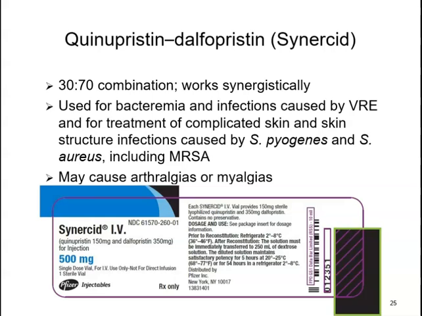So this one, one of our newer antibiotics, is called Synercid, which is quinupristin and dalfopristin. It's a macrolide lincosamide streptogramin antibiotic. So basically it's a combination of two products that are derived from pristinamycin.